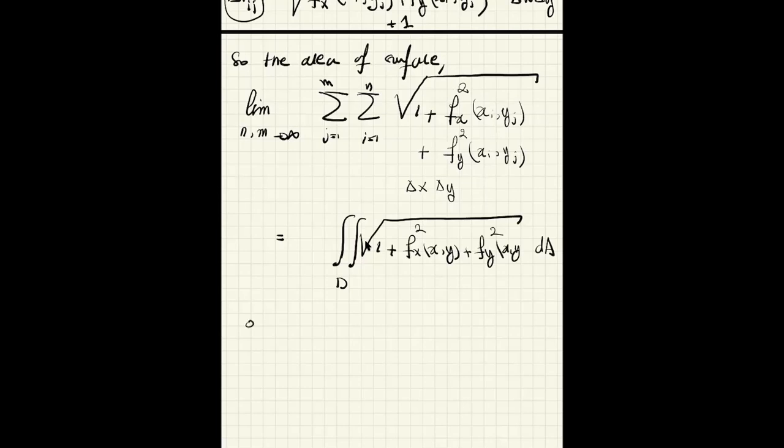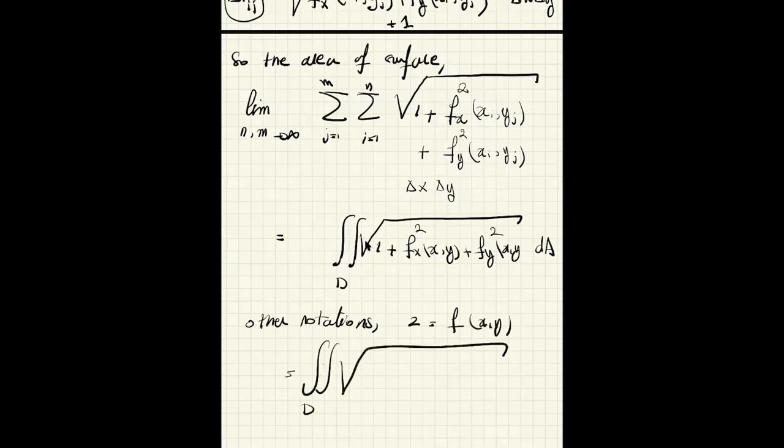Other notations. They call z equal to f(x, y), and this will be the integral over D of the square root of 1 plus z_x squared plus z_y squared. This is not the second derivative, it's everything, right?